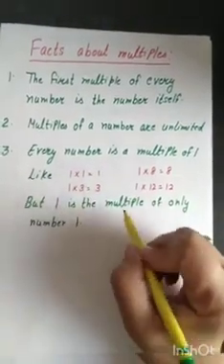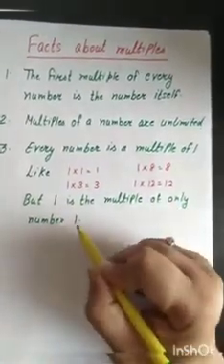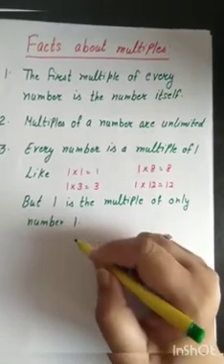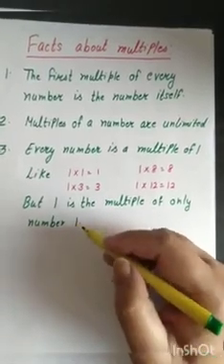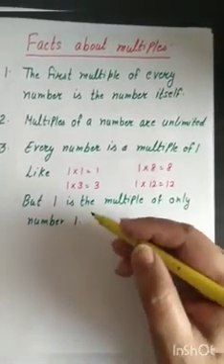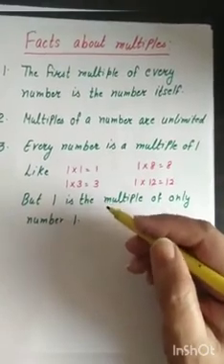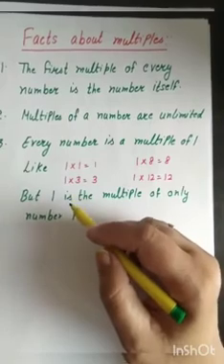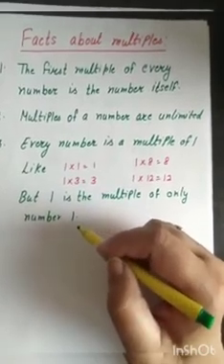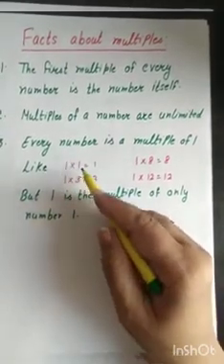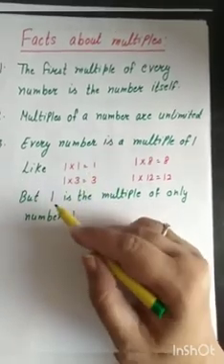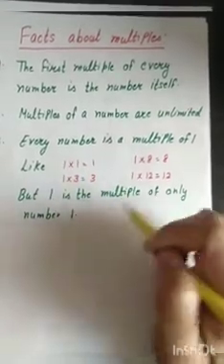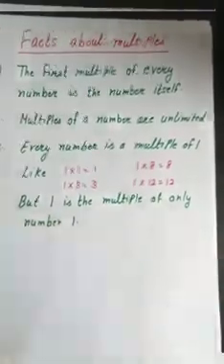But 1 is the multiple of only the number 1. If you recite any table, is there any table in which the product you get equals 1? No. Only in the table of 1 can you get the product equal to 1, that is 1 one is 1. So 1 is the multiple of only the number 1.